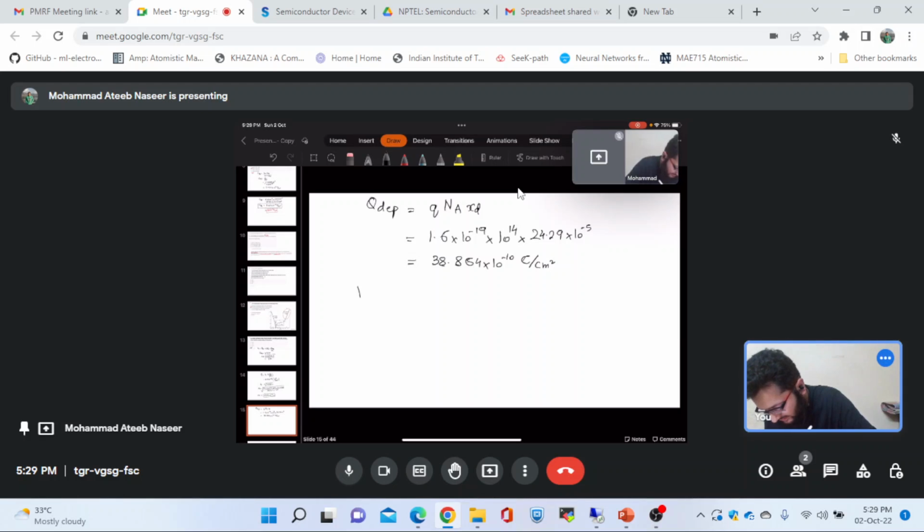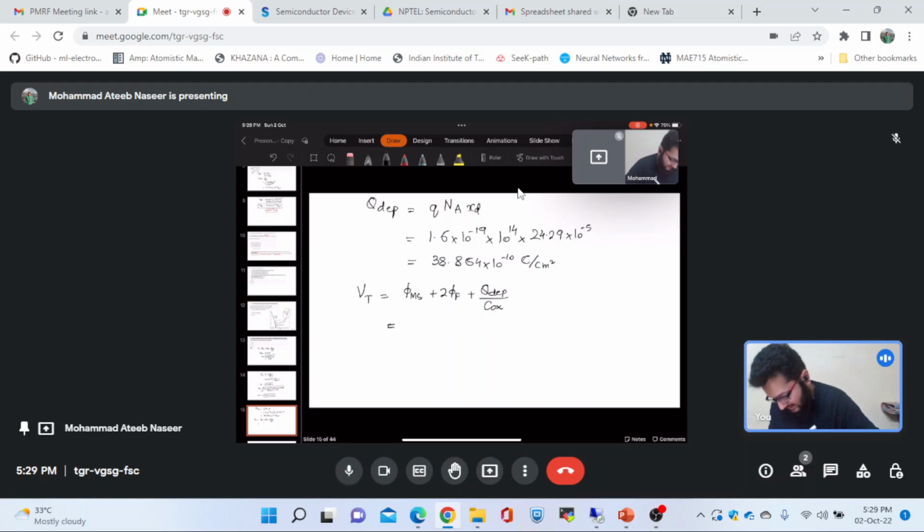Now, the threshold voltage Vt is equal to phi ms plus 2 phi f plus this Q dep by C ox. Let us write the values.